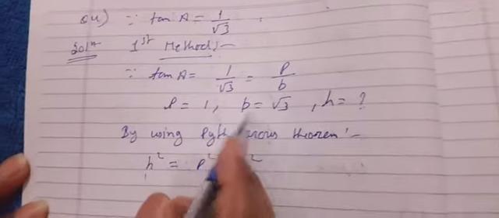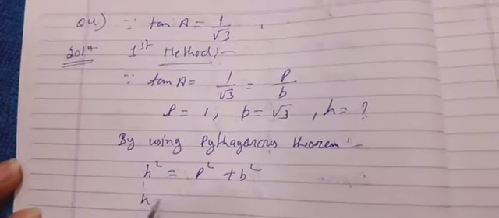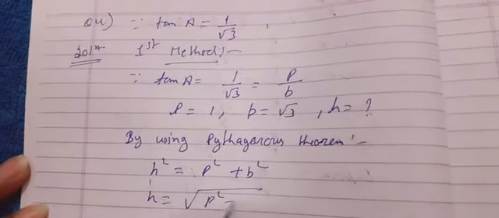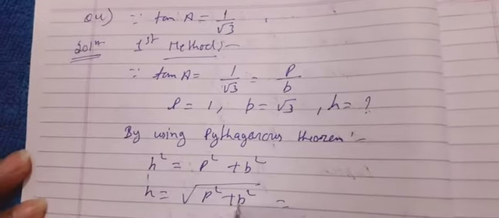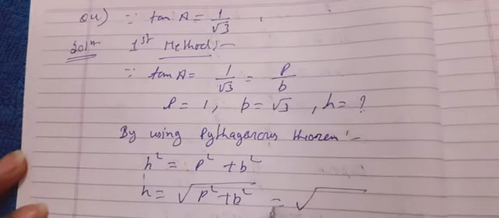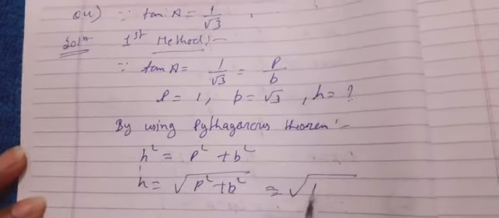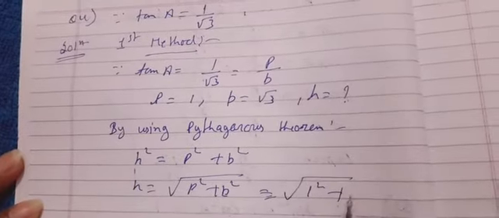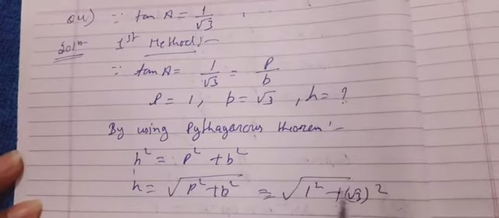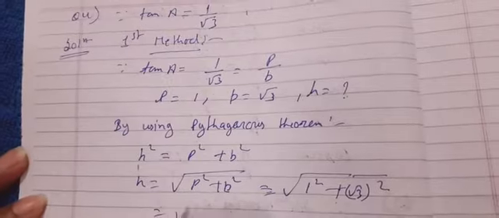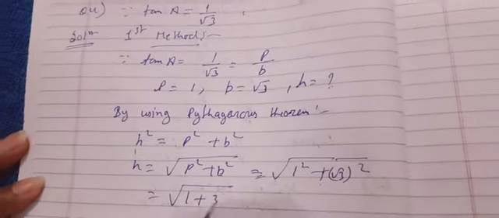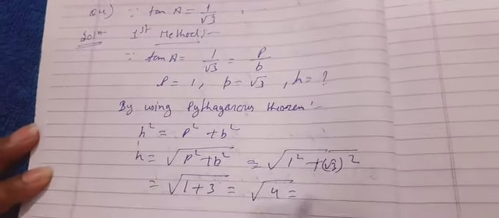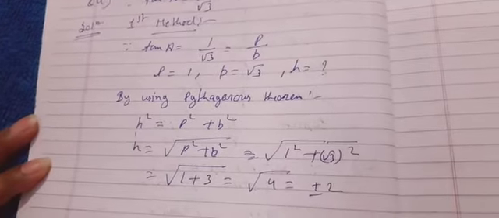B value is given, we have to find out H. So H is equal to under root P square plus B square, putting the values of P and B. What is P? P is 1, so it is 1 square, and B was root 3, so root 3 square. Okay, so it is equal to under root 1 plus 3, that is equal to 4. Okay, and it is plus minus 2, right?